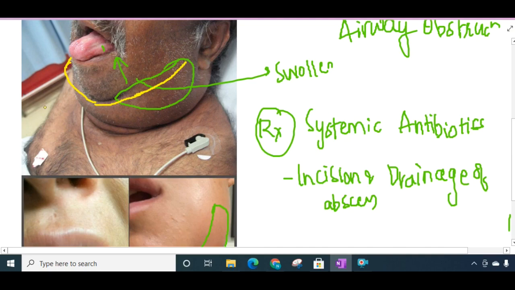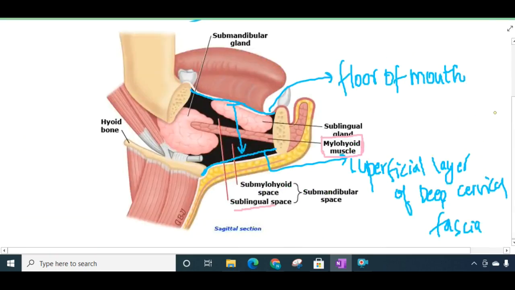Then see, I have said that the submandibular space consists of two spaces, one the sublingual space, second the submylohyoid or submaxillary space. So if there is an abscess here in the sublingual space, then it is easier for us to enter this space to drain the abscess through the oral cavity.